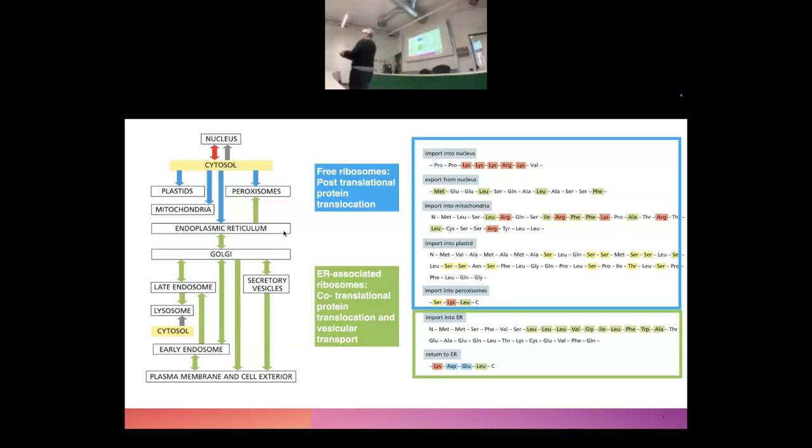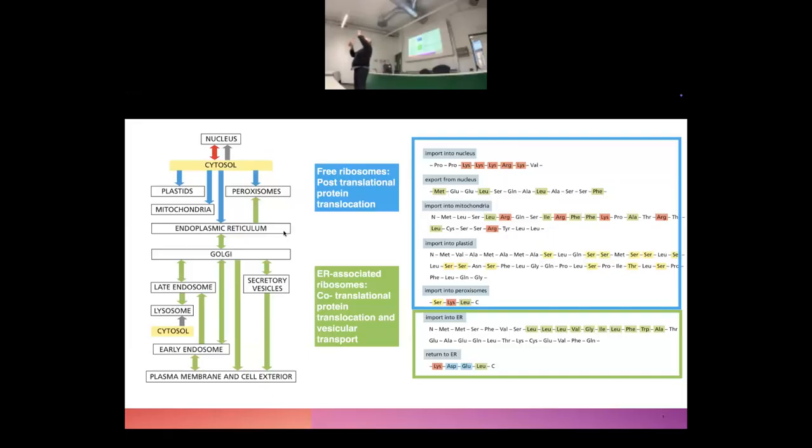So that means at the beginning of the translation of the protein, as soon as those few amino acids come out from the ribosome, you remember the previous slides with all the machinery of the ribosomes, and here are the first amino acids coming out from the ribosome. This one has a target: we have to go to the ER.